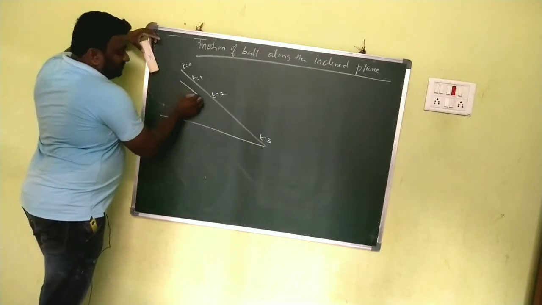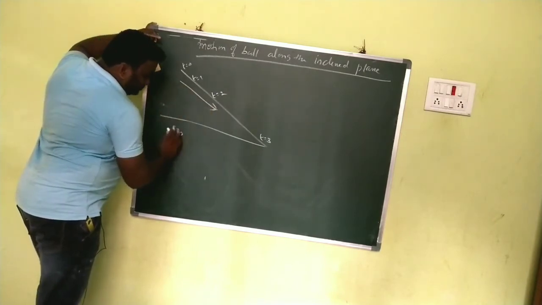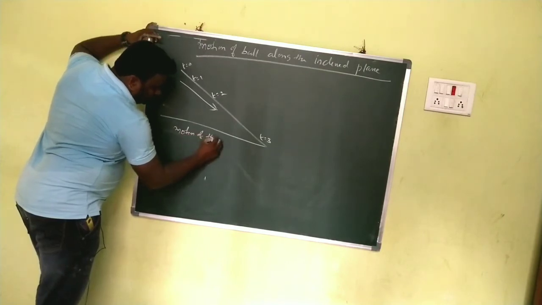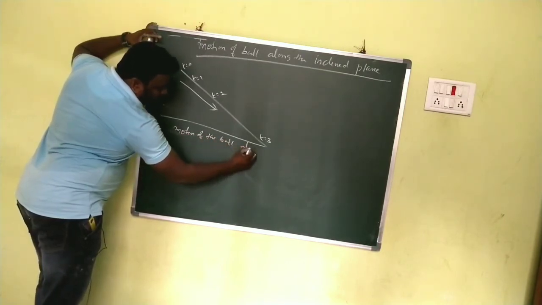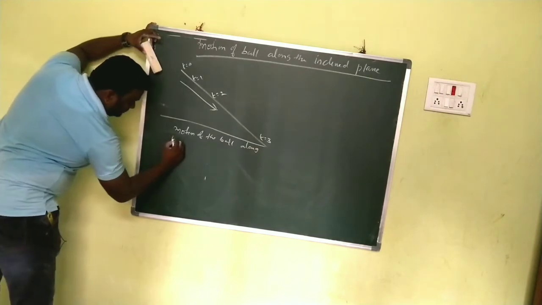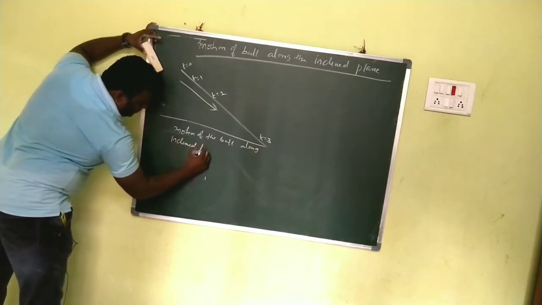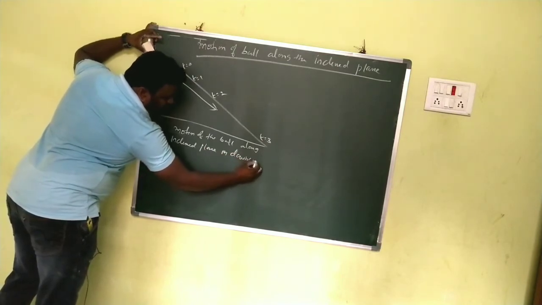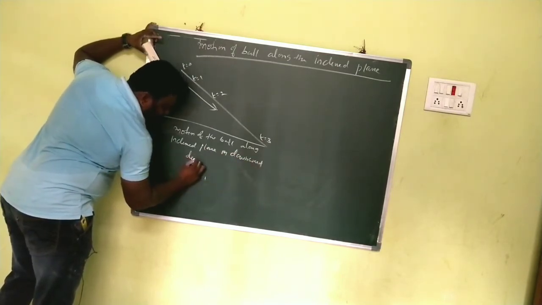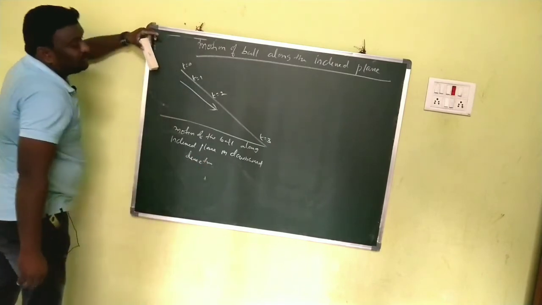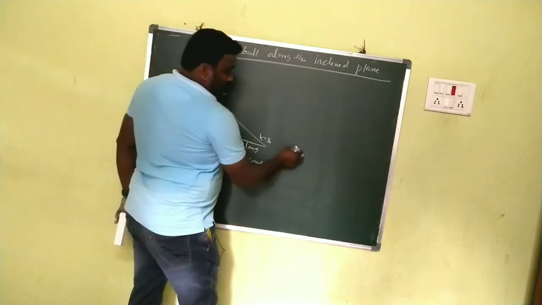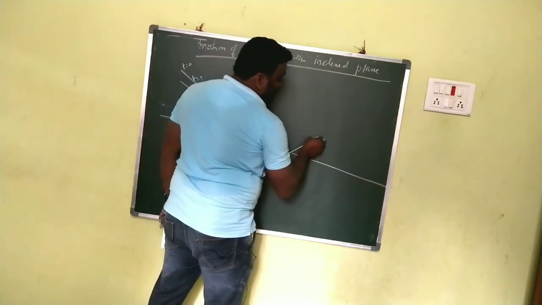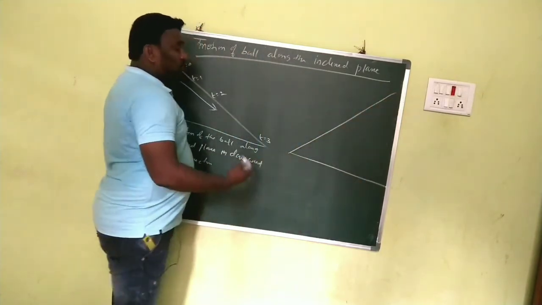This is when the ball is coming down, motion of the ball along the inclined plane in the downward direction. Clear, children? Next, the same thing on the same plane, we are showing in a different manner. Now the ball is going up.